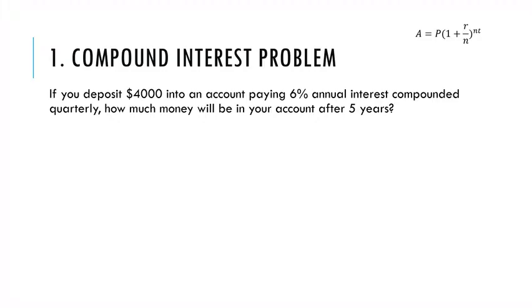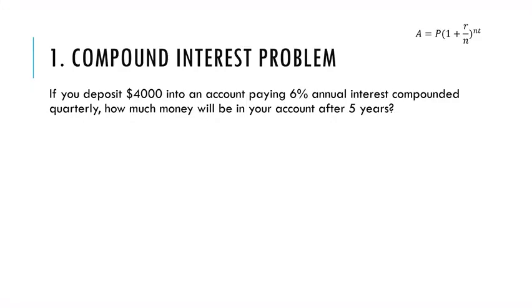How much money will be in your account after 5 years? We are going to use this formula. A equals P times 1 plus r divided by n, raised to the nt. So A equals 4,000 times 1 plus the rate 0.06 over 4, raised to the 4 times 5.